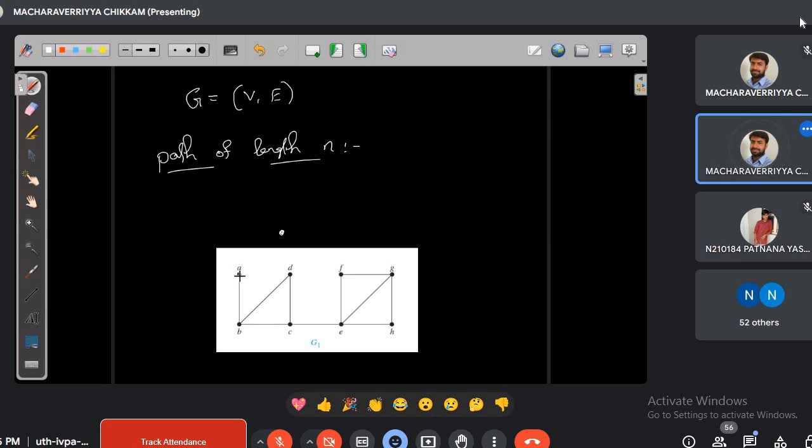So here you can see that starting at a vertex A, you can reach the vertex C via two edges. So you can travel along edge 1 first, and next you can travel along edge 2. Okay, therefore from A to C, I can say that there is a path of length 2.